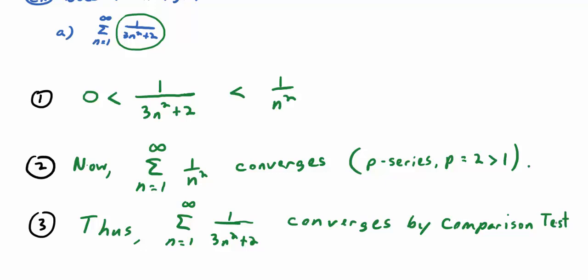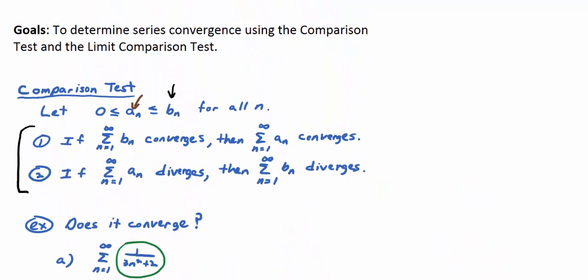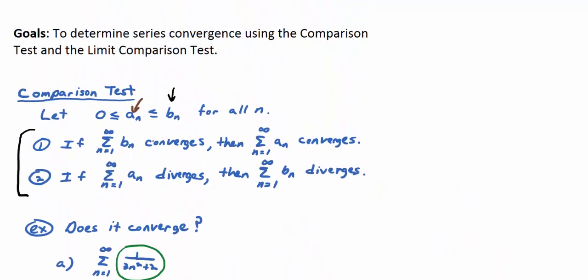Now, the inequality is very important. Let's go back up to the statement of the theorem. If the sum involving b sub n diverges, does that tell you anything about the sum involving a sub n?